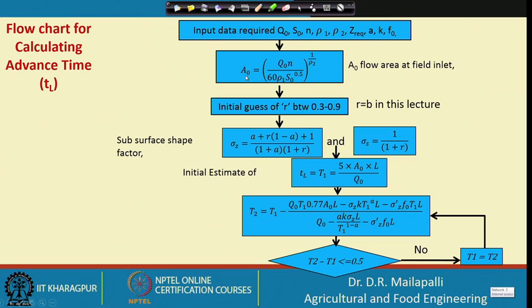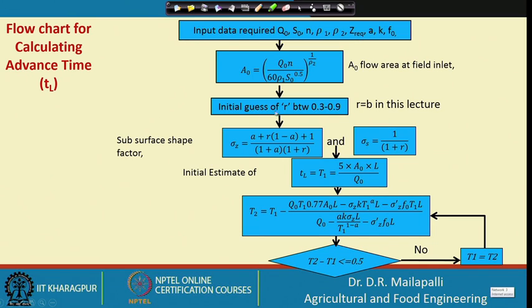So, the first step is we again focus on the volume balance equation. A naught is equal to Q naught n into 60 rho 1 S naught to the power 0.5, times 1 by rho 2, where A naught is the flow area at the field inlet.